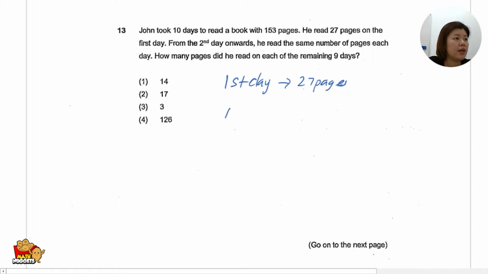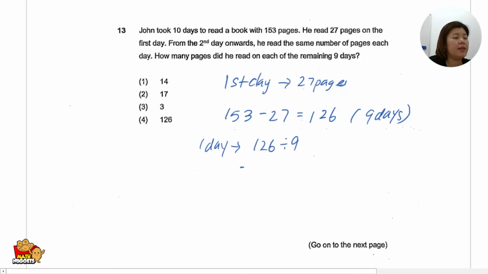So first thing you take 153 minus 27. So this is 126 for the remaining 9 days. So one day will be 126 divided by 9. 14.